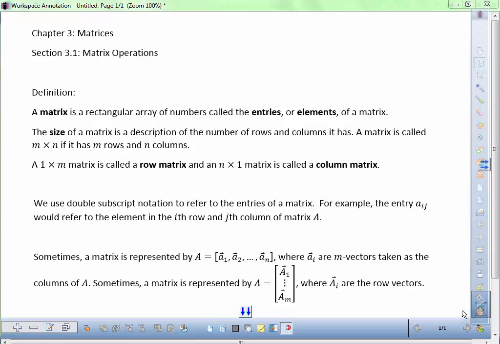Those A's are vectors themselves. So the representation where we break up a matrix into a bunch of row matrices or a bunch of column matrices, we use these things as vectors.